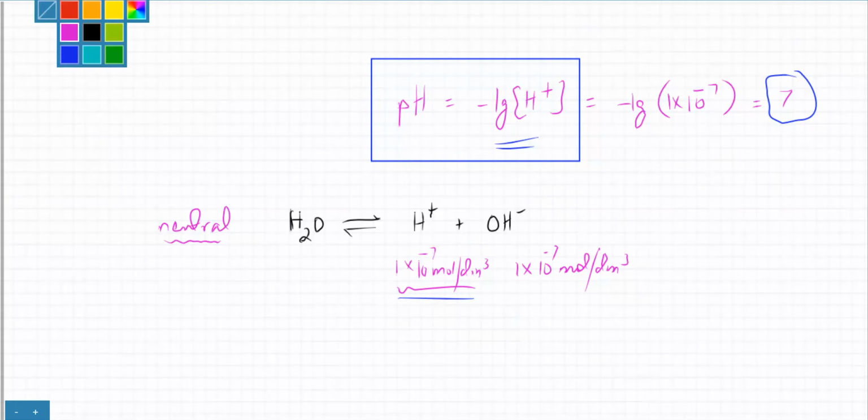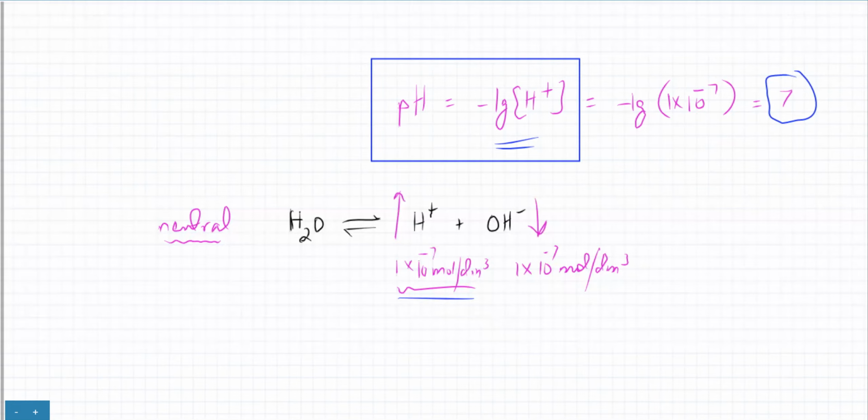Anyways, now the thing is that if you increase the H plus concentration, the OH ion concentration automatically decreases. That means the solution has become acidic. It's no longer neutral. You've added a molecule that has increased the H plus concentration, and the OH ion concentrations have decreased. So let's say the new concentration of H plus in the solution, because you've added an acid, is now 0.02 mole per dm cube.